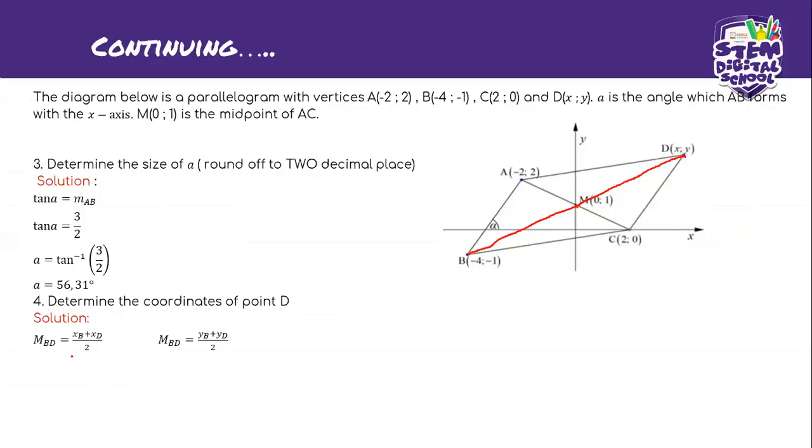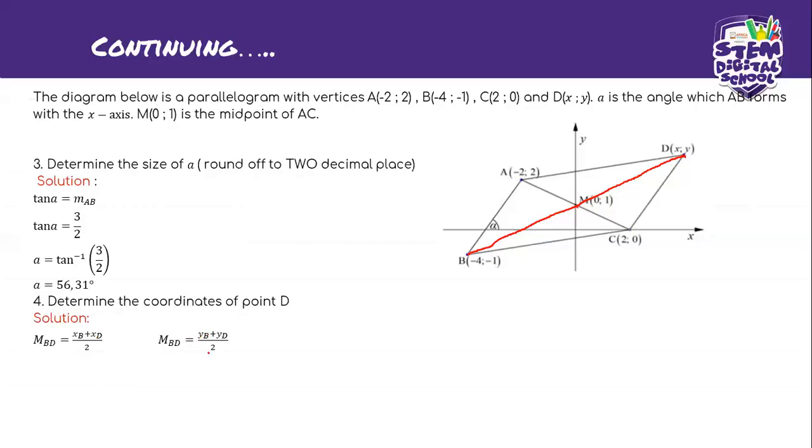Now, from our solution, the midpoint of DB for x equals XB plus XD over 2. Then the midpoint of BD for y equals YB plus YD over 2. So we are going to separate them: you start with the midpoint of the x's and the midpoint of the y's.